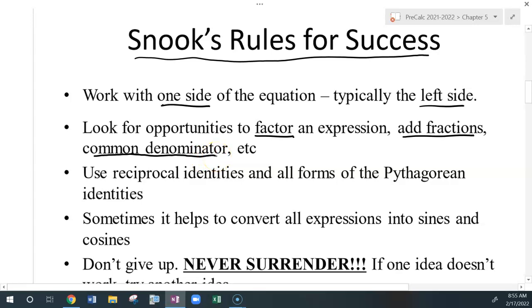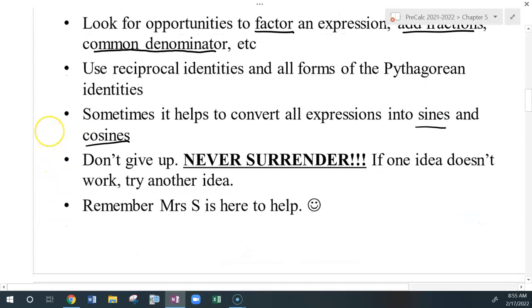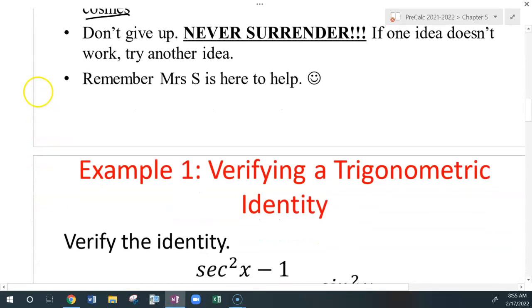Use the reciprocal identities and all forms of the Pythagorean identities. Sometimes it helps to convert all your expressions into sines and cosines. Don't give up. This can be a bit challenging, but never surrender. If one idea doesn't work, try another one. And as always, I am here to help you, so feel free to seek me out for help.